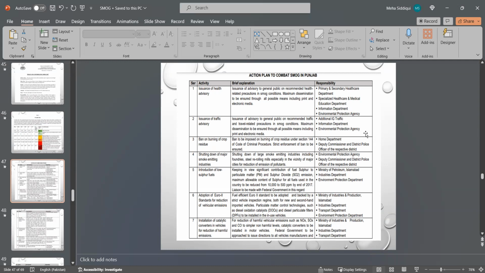This column shows a brief explanation for each activity and the department that is responsible for these activities.